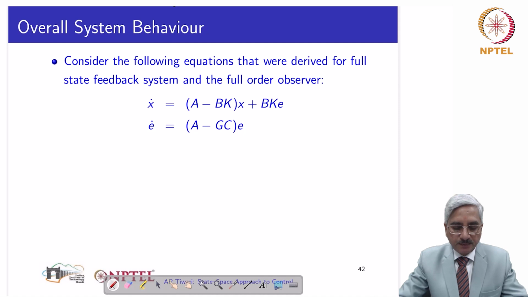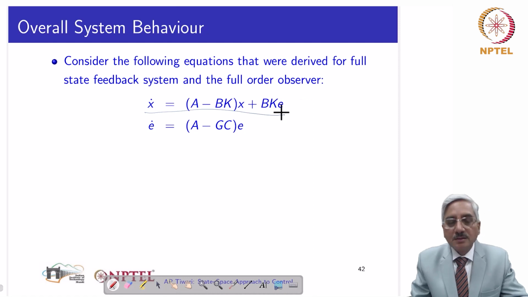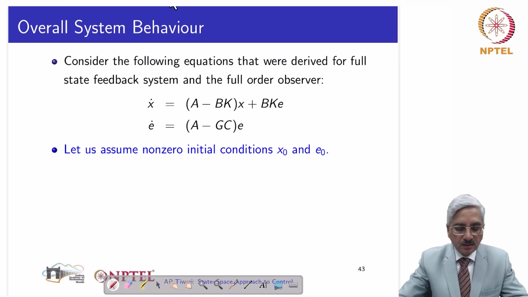They can do it themselves. So we had this equation for the state, and this was the equation for the error. In fact, this was the triangular system where we concluded the eigenvalues of the overall system. So these equations were derived, we had seen.